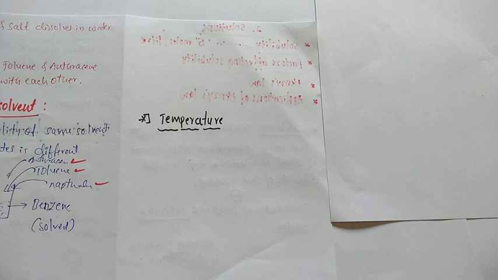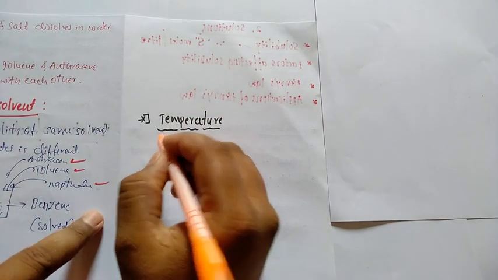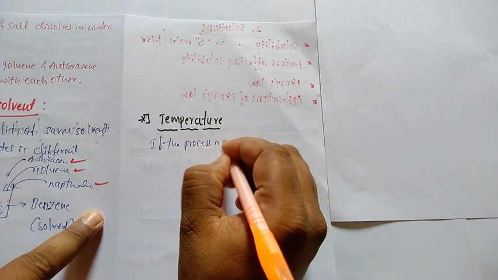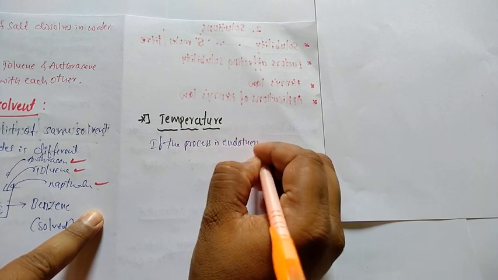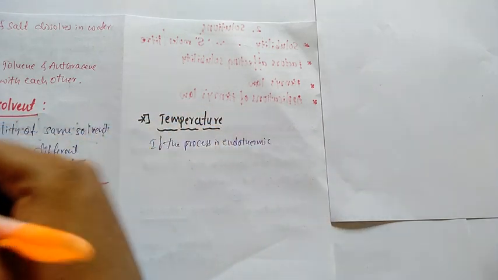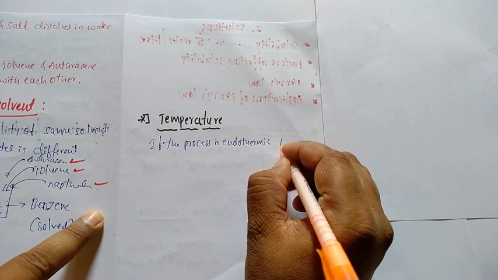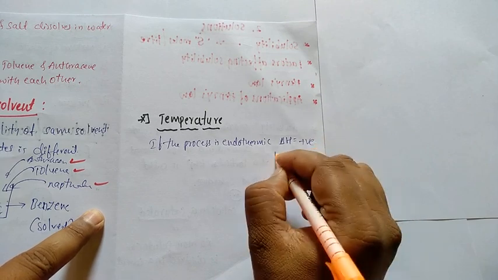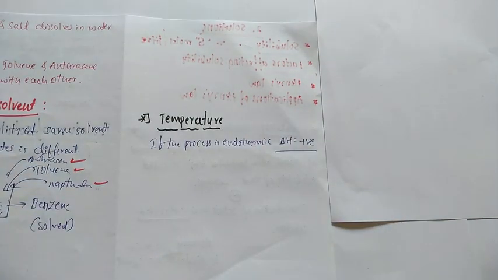If the dissolution process is endothermic, temperature is directly proportional to the dissolution of a solid in a liquid. I will write here: if the process is endothermic, it means delta H is positive.